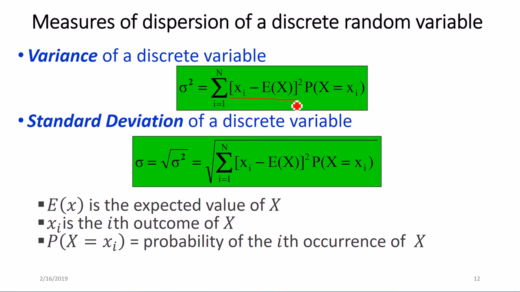For each value xi, we measure the difference between xi and the mean and take the square of it times the associated probability for that value. The standard deviation of a discrete variable simply is the square root of the variance.